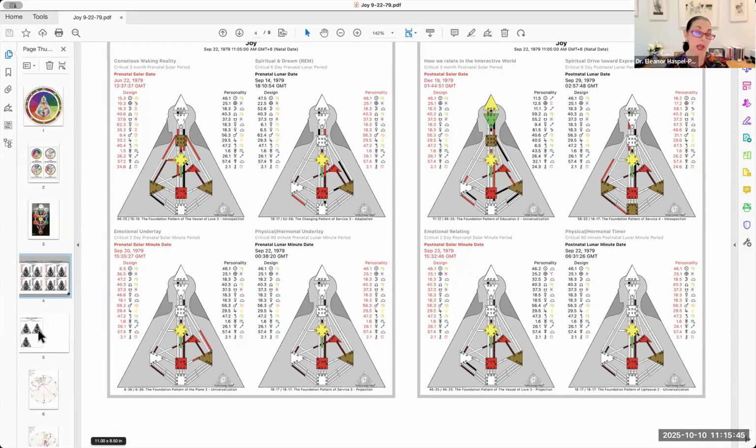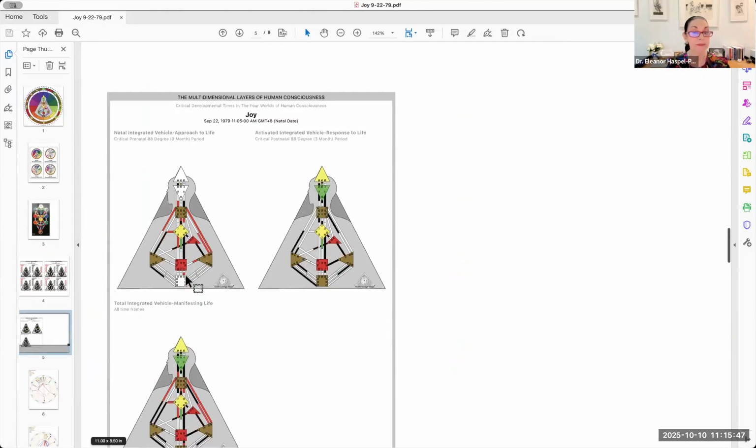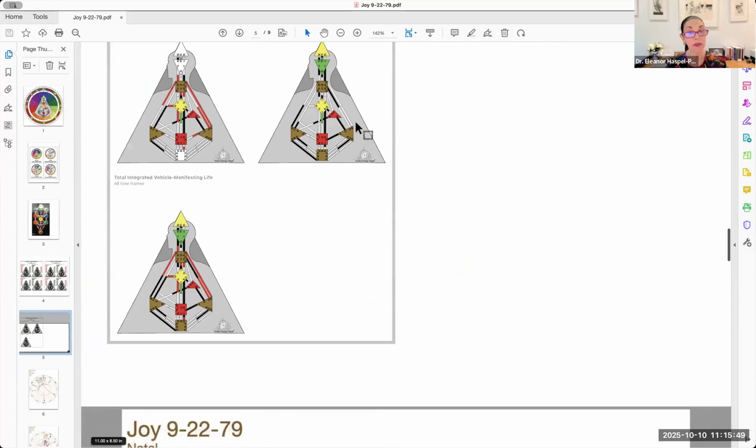And then I look at what happens at birth, postnatal, and composite. In the composite design, you would be considered a manifesting generator, meaning you can make things happen and you're a very strong person.